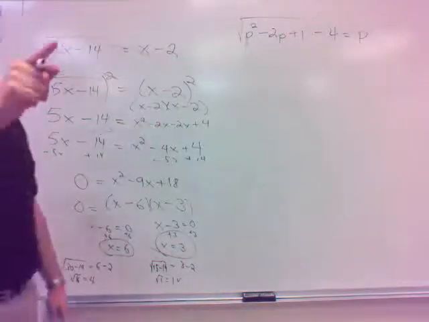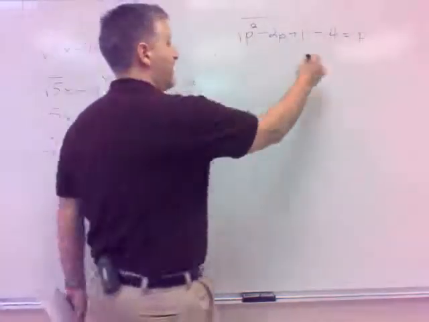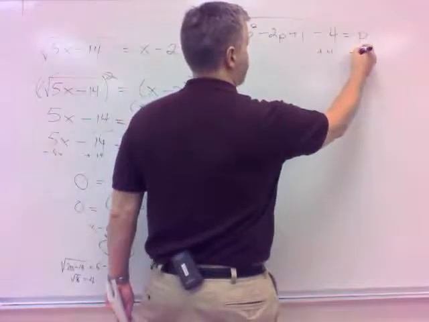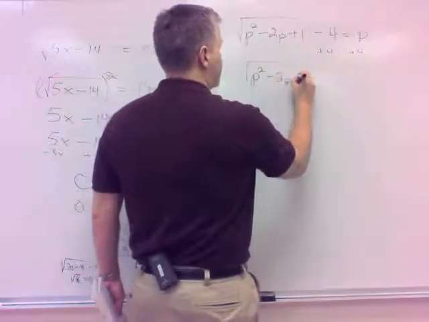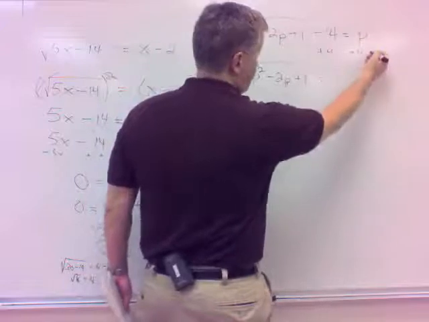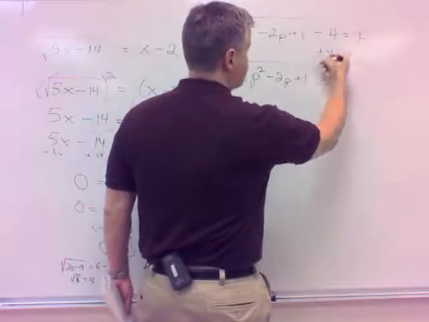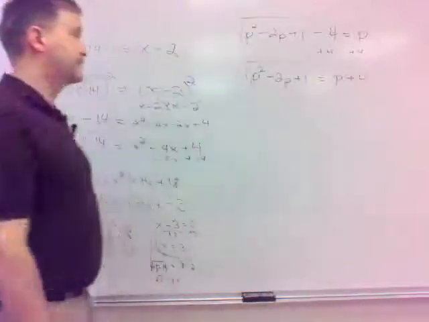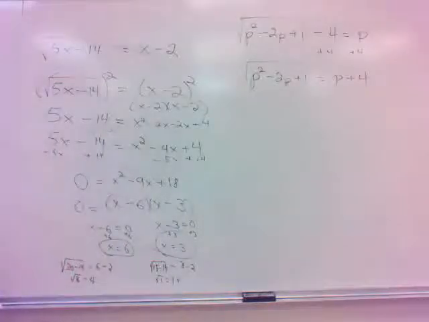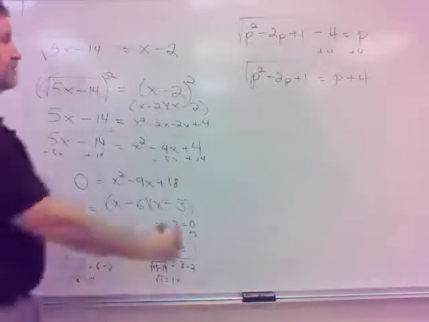Move the 4. I need the square root by itself, so I'm going to add 4 to both sides. So I get the square root of p squared minus 2p plus 1 equals, now those go out, but that doesn't combine, does it? Not like terms. Okay, so now we can square both sides.